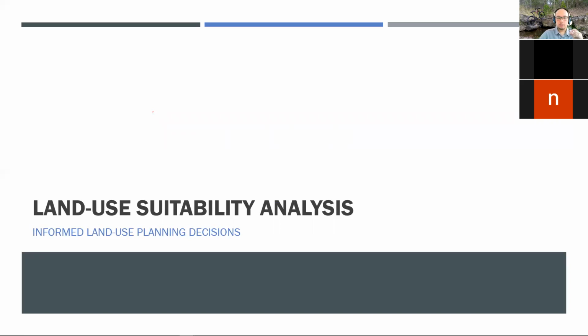Now, moving on to land use suitability analysis. Environmental conditions should principally inform land use planning decisions. Suitability analysis, in a nutshell, is the process of determining the fitness or the appropriateness of a given tract of land for a specified use.